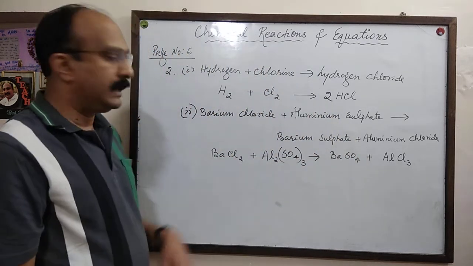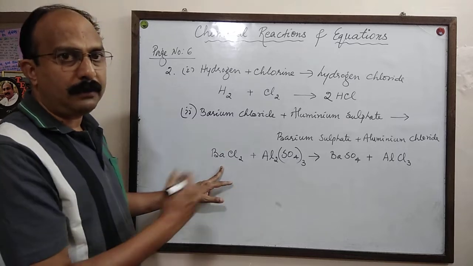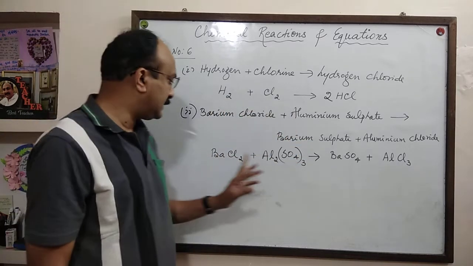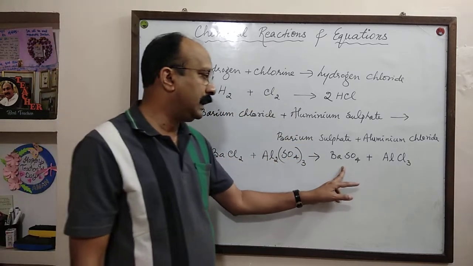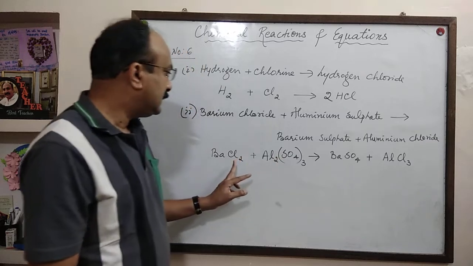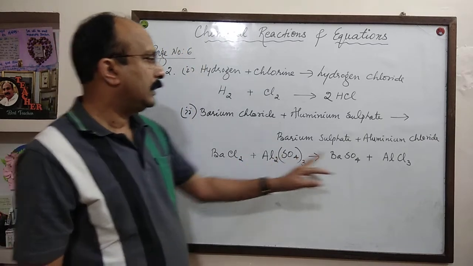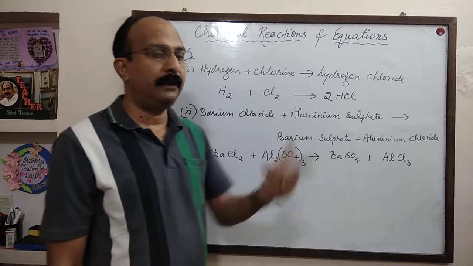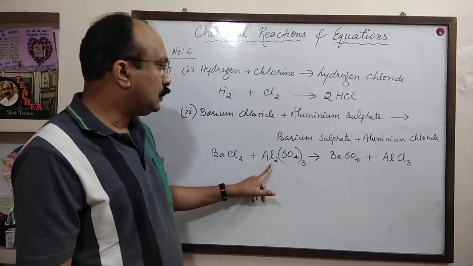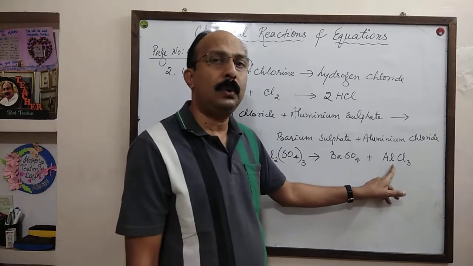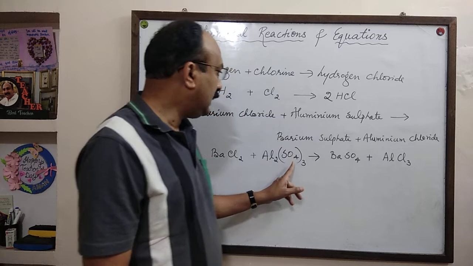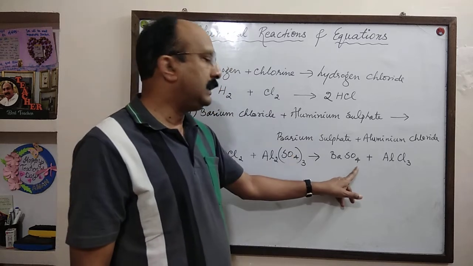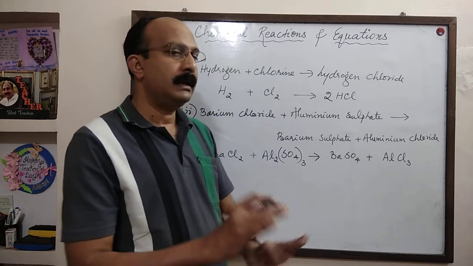Now see the balancing. Count the number of atoms in LHS and RHS. Ba, same. Cl2, but here it is Cl3. Number differ. Al2, here it is only Al. SO4 thrice, here it is only SO4.